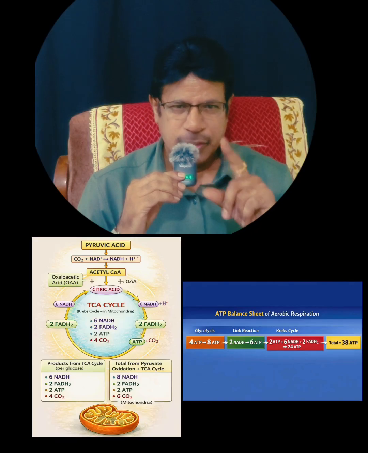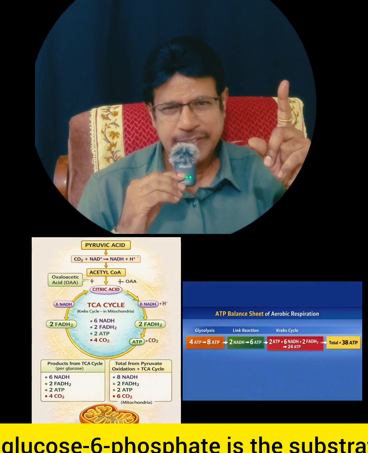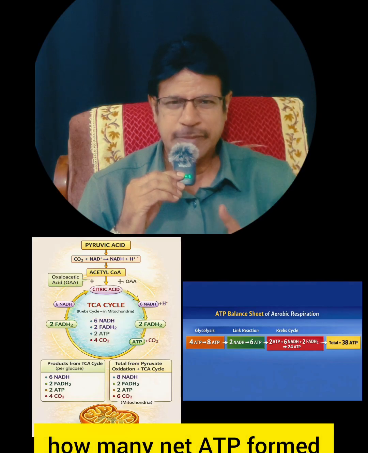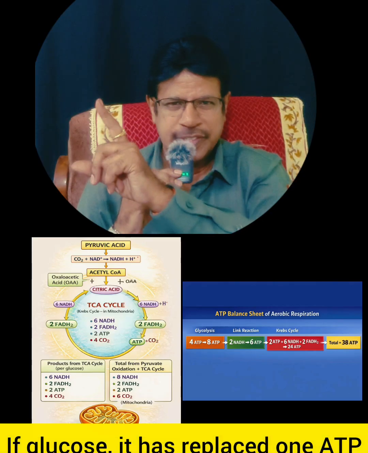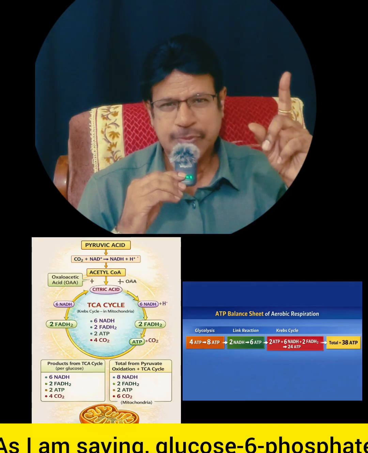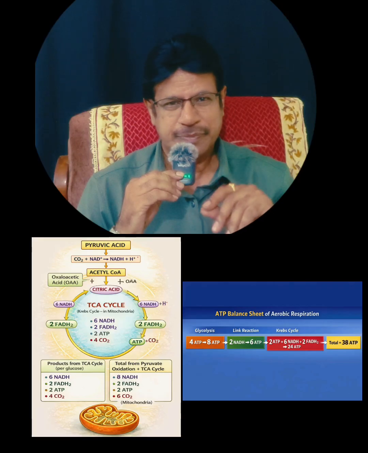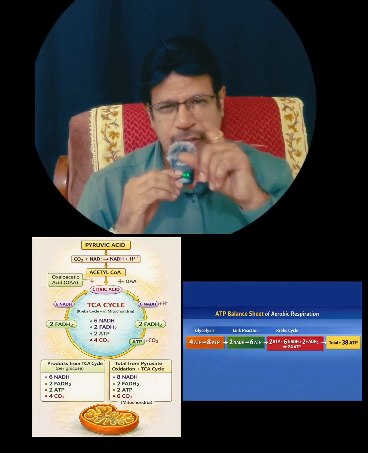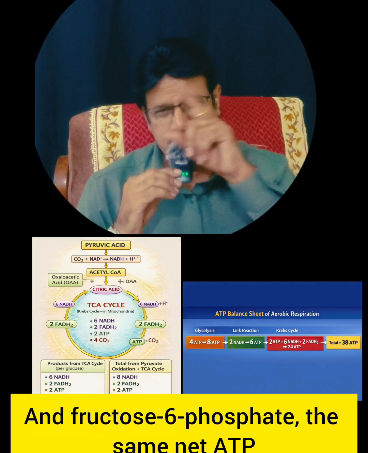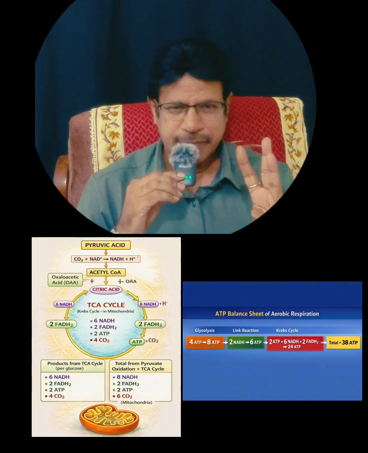Next, glucose is the substrate. If glucose 6-phosphate is the substrate, how many net ATP are formed? If glucose, it has to utilize 1 ATP. As I am saying, glucose 6-phosphate, so net ATP is going to be 3 ATP. And for fructose 6-phosphate, the same, net ATP is going to be 3 ATP.